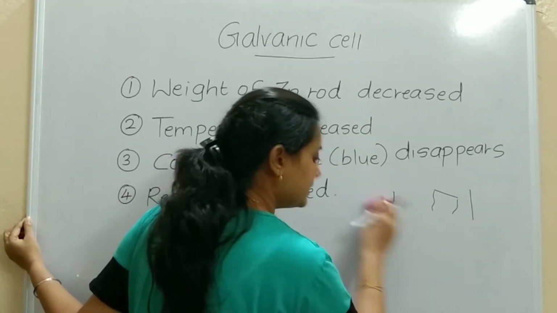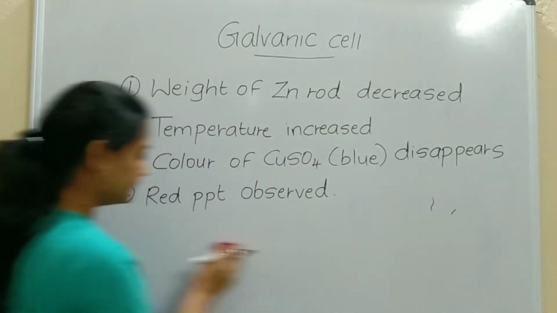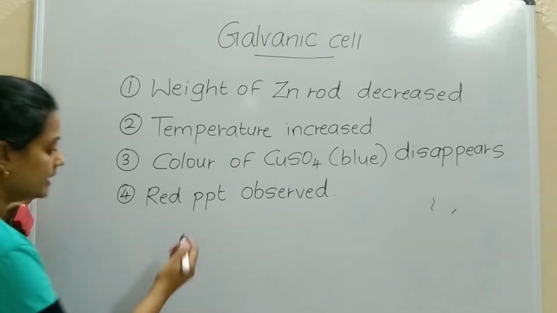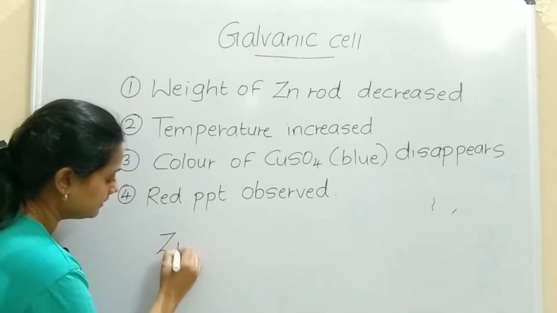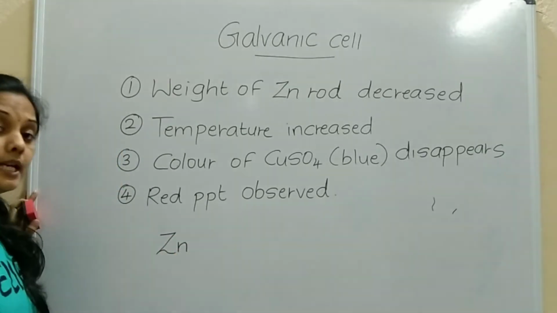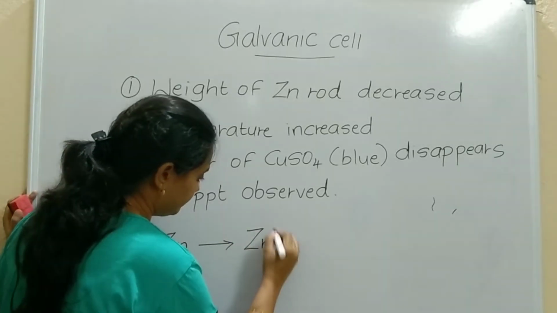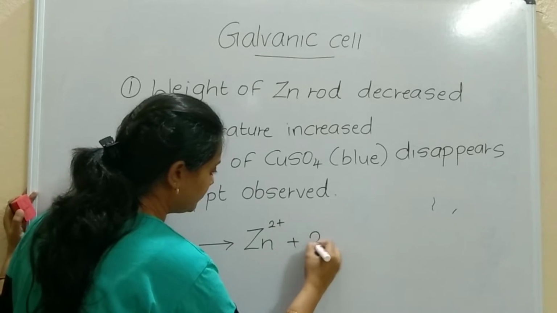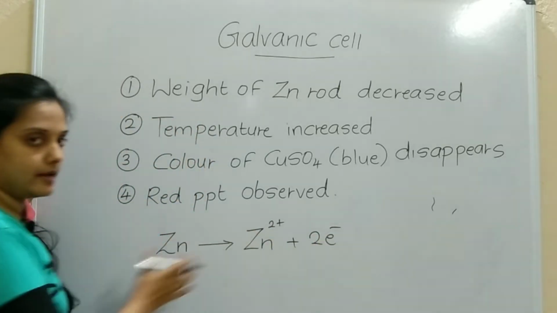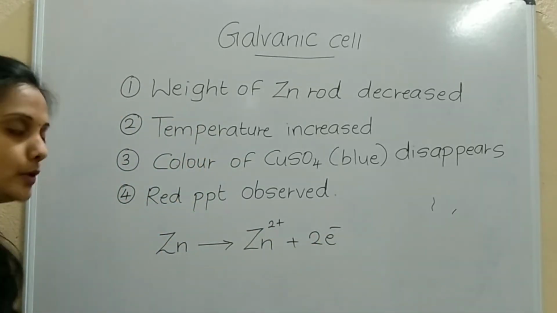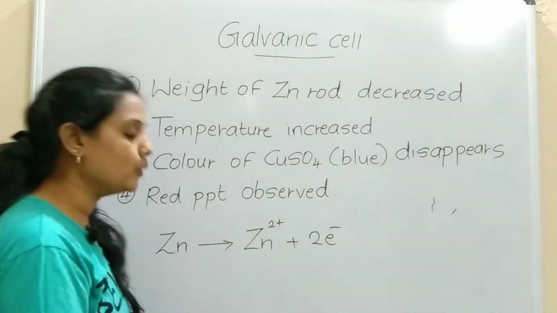We will write the equation for this. Zinc will lose 2 electrons and form Zn2+ ions. I have written 2 electrons just to balance it.